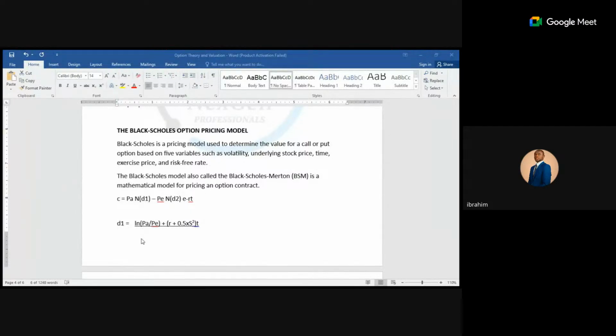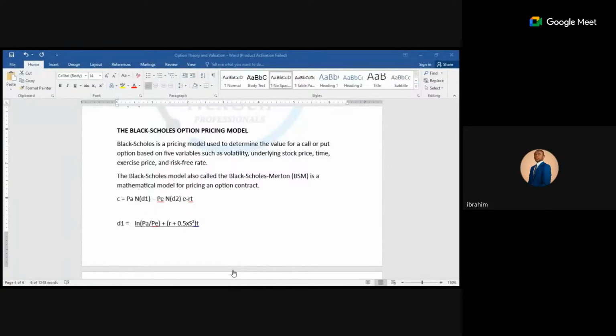Now, what is the Black-Scholes model? It is a pricing model used to determine the value for a call or put option based on 5 variables.